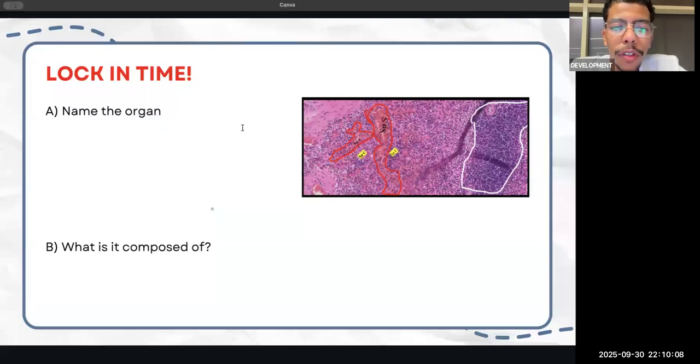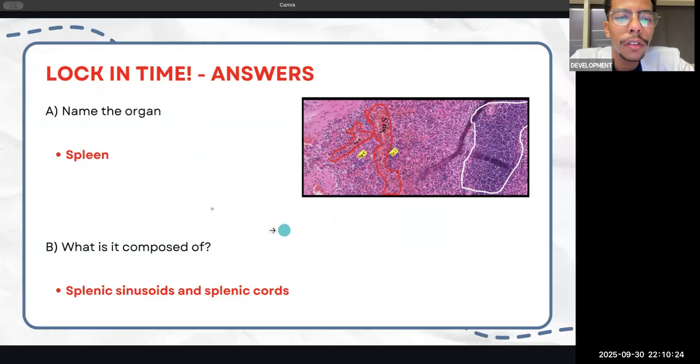Okay, spleen. What is it composed of? I was supposed to make this question clear.